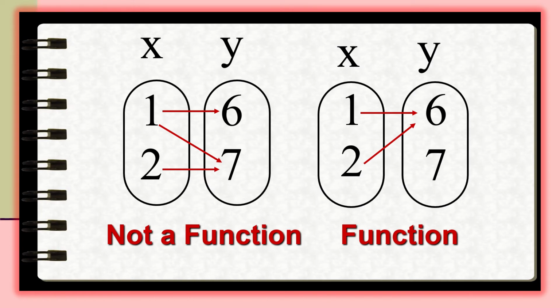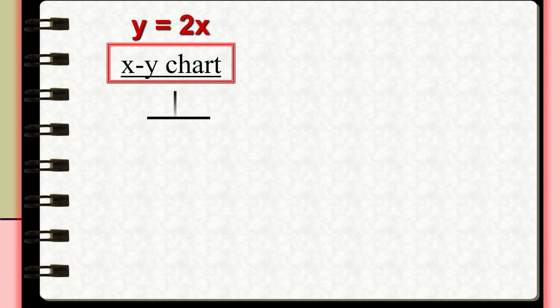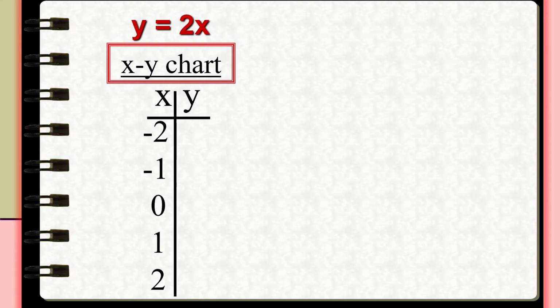Let us see if this equation y = 2x is a function or not by using a chart or a table. We have -2, -1, 0, 1, and 2 for the values of x. To get the values of y, we have to substitute each value of x. The value of y, if x is -2, is -4.